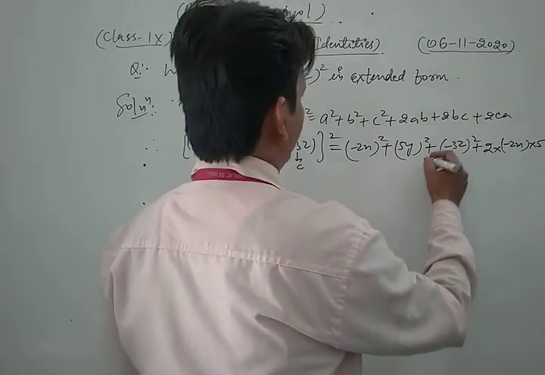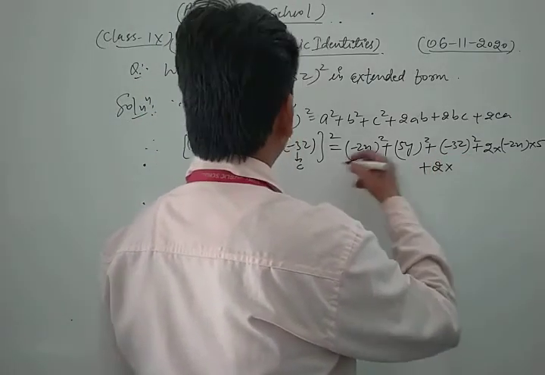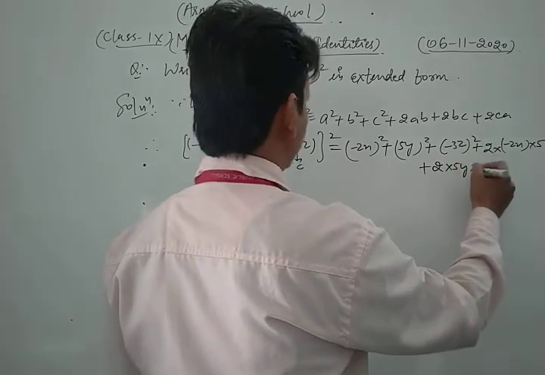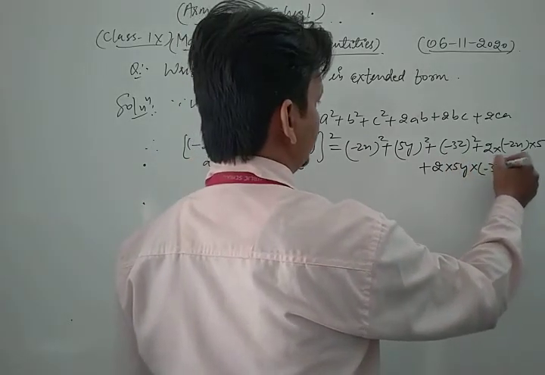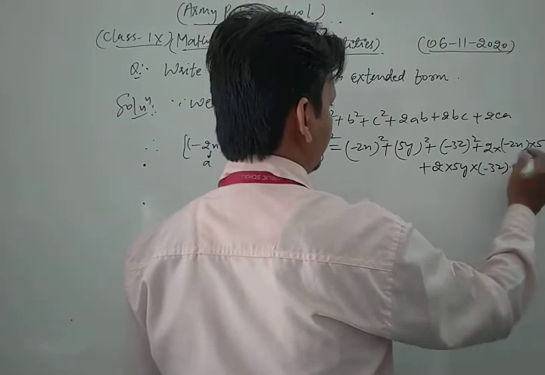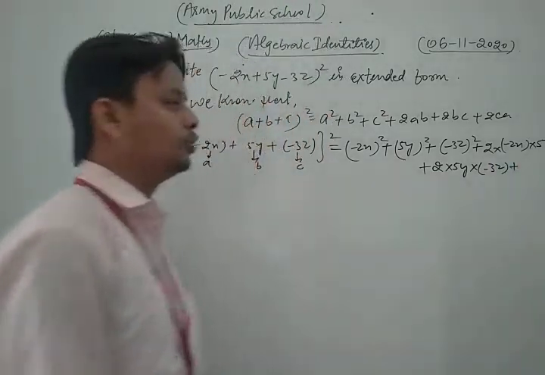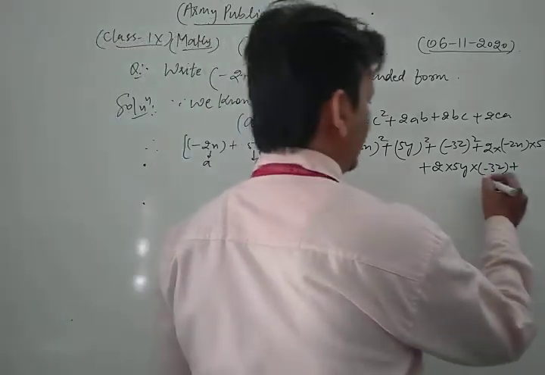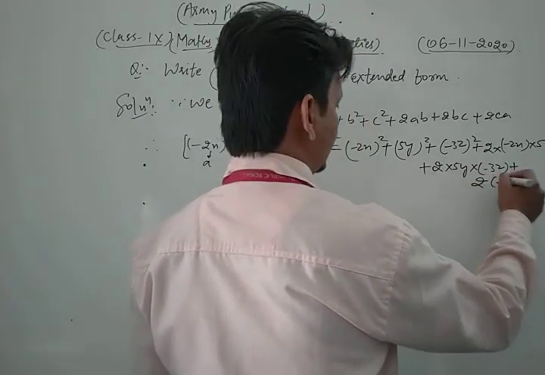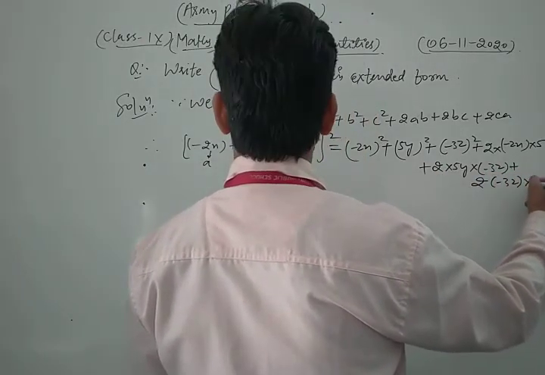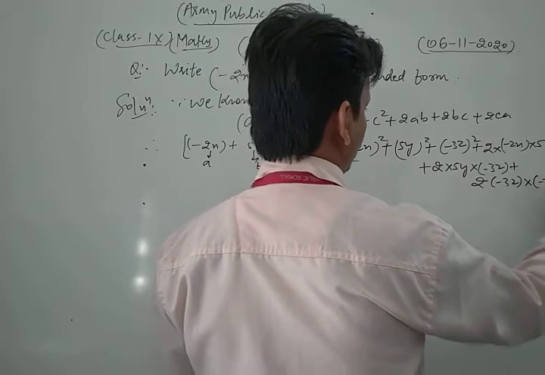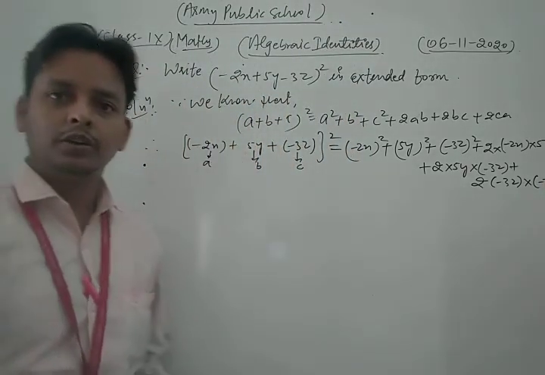Now plus 2bc: 2 into b, 5y, into c, minus 3z. Now plus 2ca: 2 into c, minus 3z, into a, minus 2x.